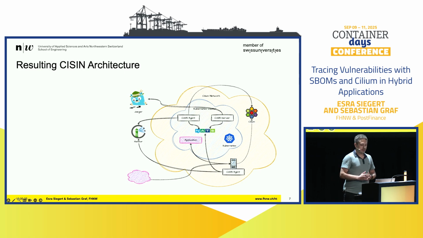So if we receive such an event, we send that via NATS to our server, where we generate, based on the network events, the traces which are sent to Jaeger. The SBOMs itself are sent to Harbor, where we can access them as an OCI image.